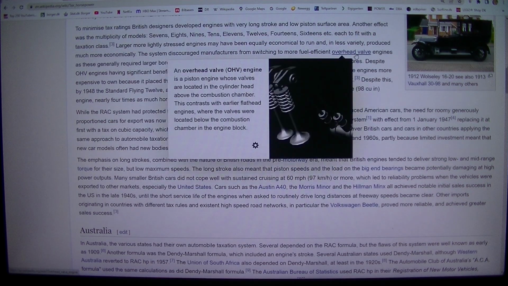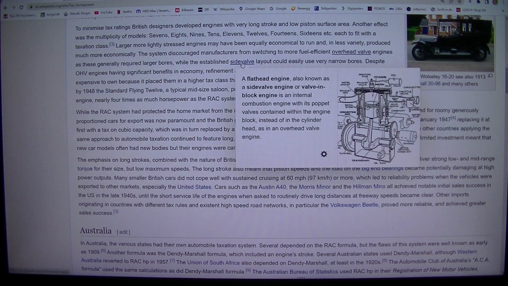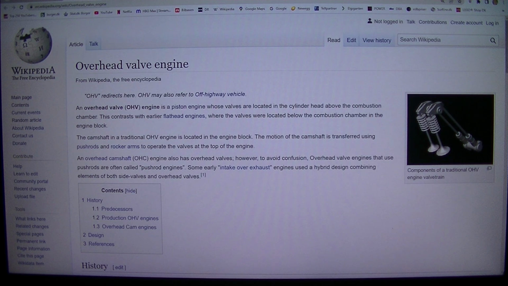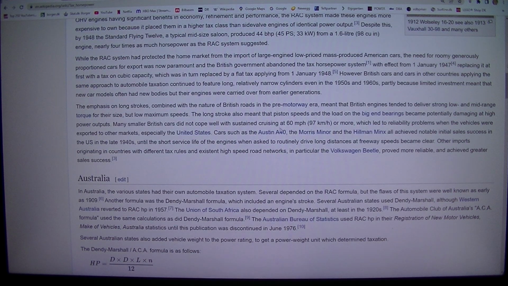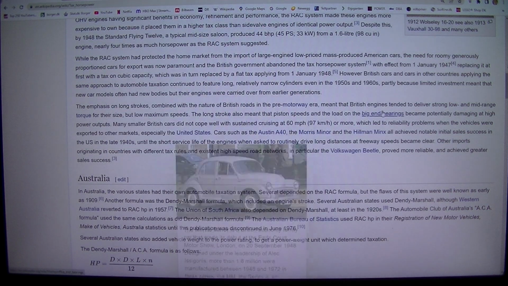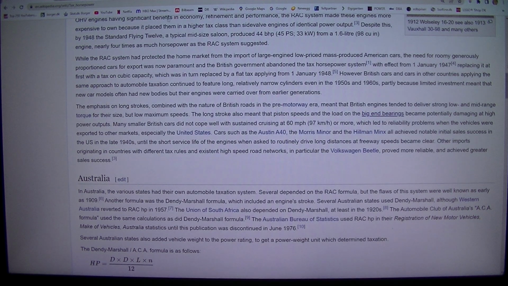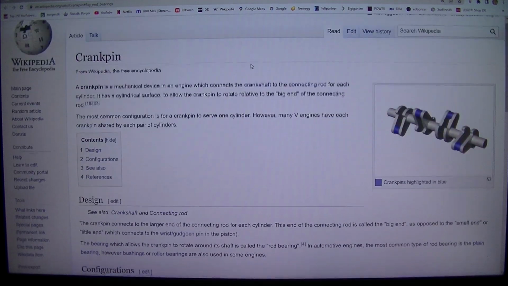So, overhead valve, that's about engine side valve. That's to engines. Yes, Morris. That's something about the engine crank pin. No, that's not.